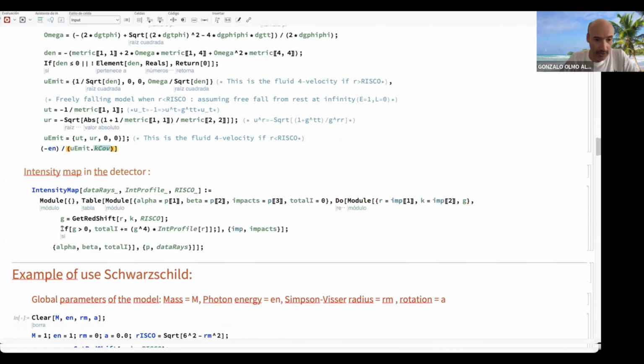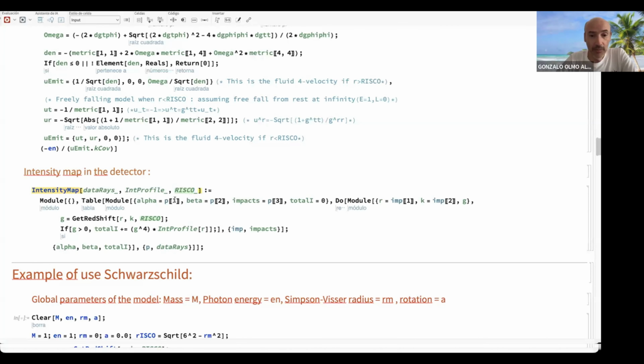So this gives the factor G that contains the gravitational redshift and the information about the motion of the fluid particle, and we compute the G4 in that location. So the total intensity that we observe is precisely G4 times the emitted intensity profile. And we need to specify which intensity profile we are considering, and also the location of the ISCO.